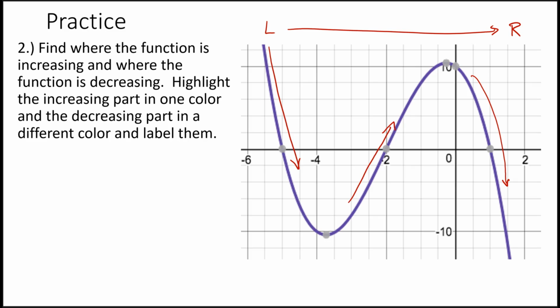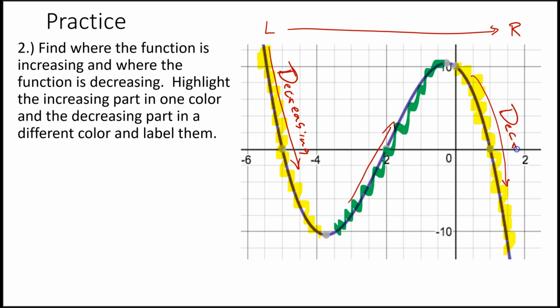Using my highlighter again, that portion is decreasing, as well as this portion here. I'm going to use the same color, and that portion is increasing. And so we label that. This one is not increasing, but decreasing, as well as this one over here, decreasing.